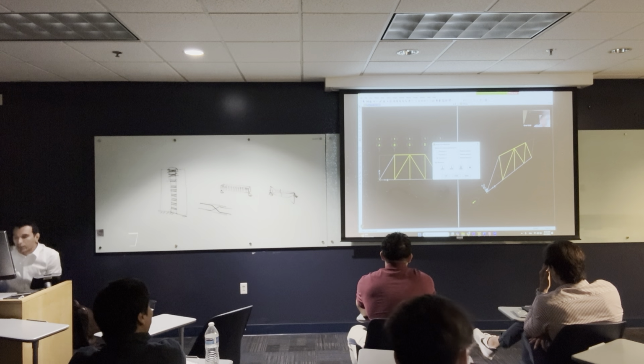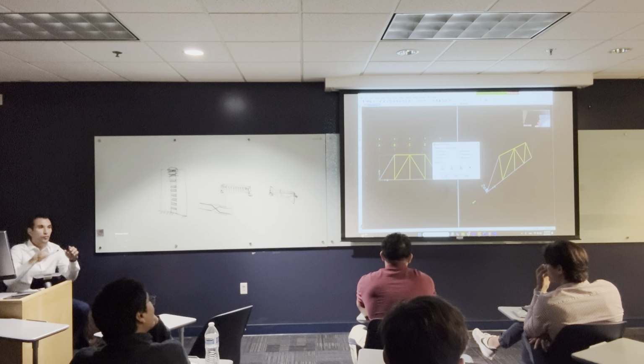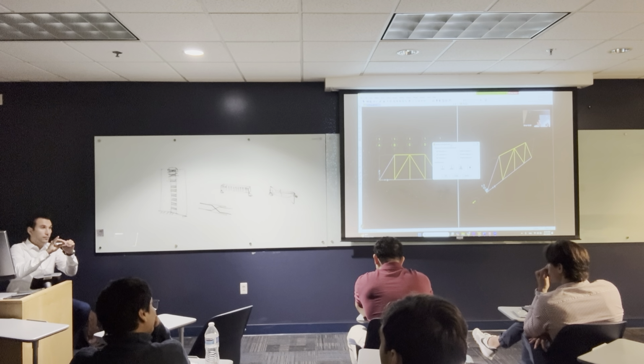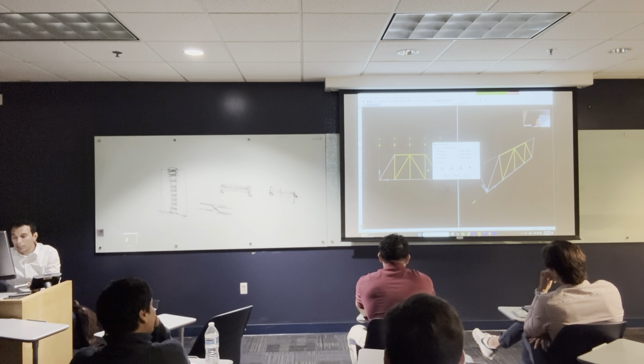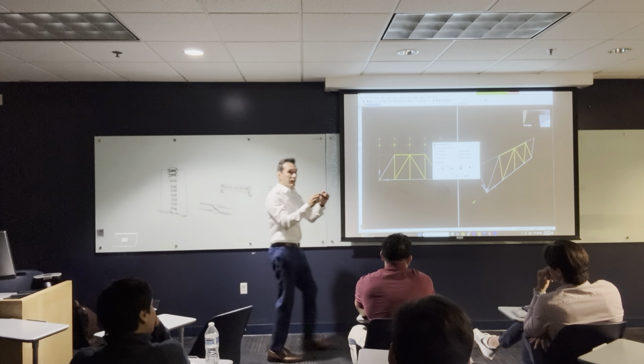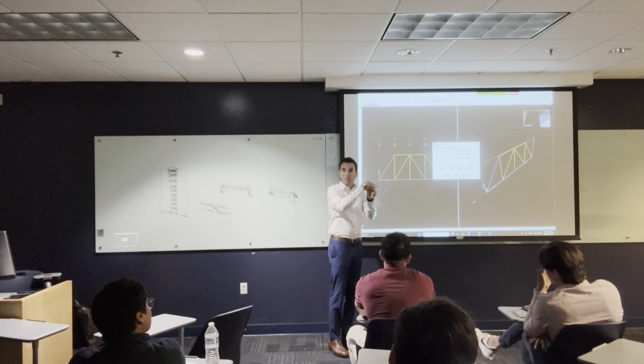If you pick hinge, all the translations are restrained, because hinge doesn't allow the point to move in X, Y, or Z. Right now things are 3D, not 2D. If you put fixation, everything is restrained. This is fixed. This point cannot move in X, cannot move in Y, cannot move in Z, cannot rotate about any direction. It's fixed. All right?